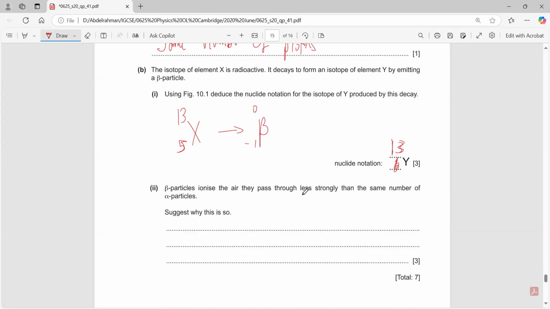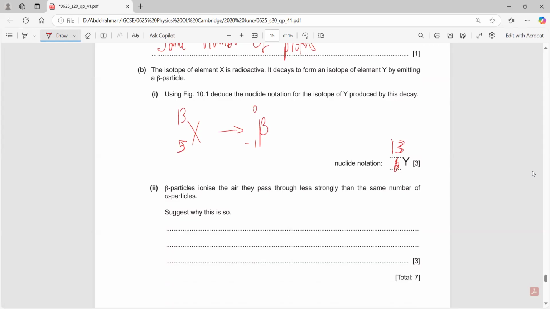Beta particles ionize the air as they pass through less strongly than the same number of alpha particles. Why is this so? Why do beta particles have a less ionization effect? Basically, they have so many properties.